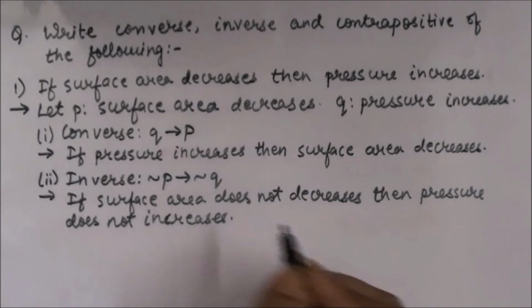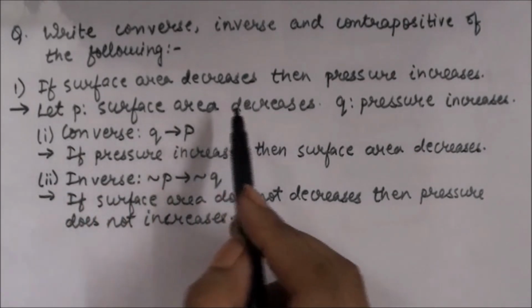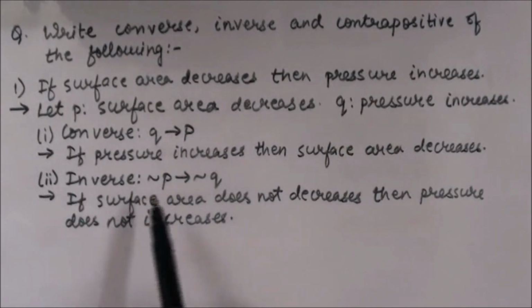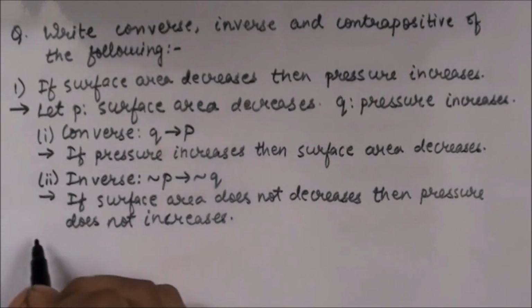Because we know that negation of statement P will be surface area does not decreases and negation of Q will be pressure does not increases. Therefore, the inverse will be, if surface area does not decreases, then pressure does not increases.